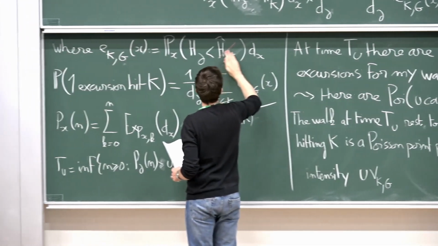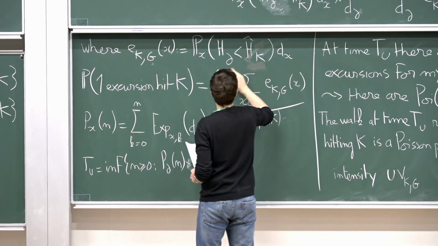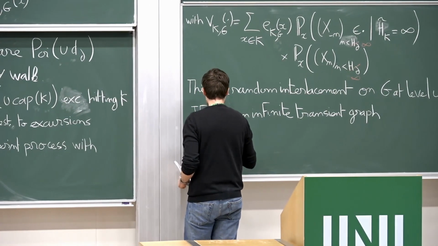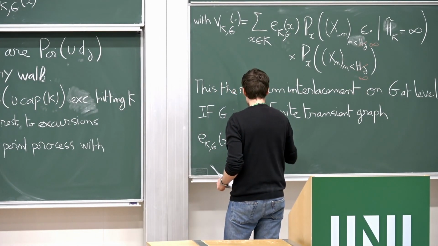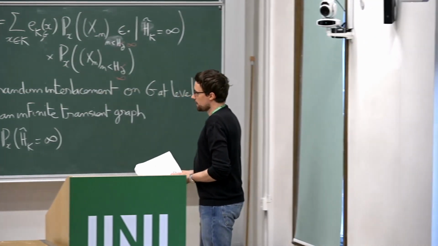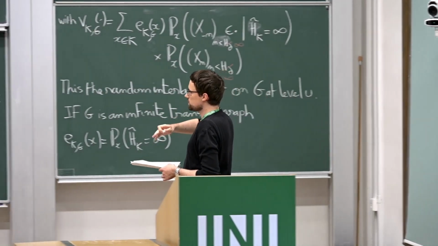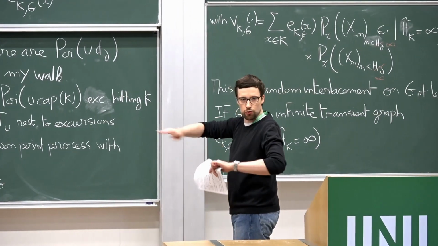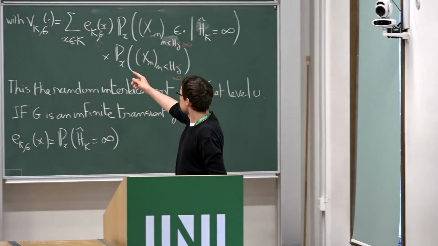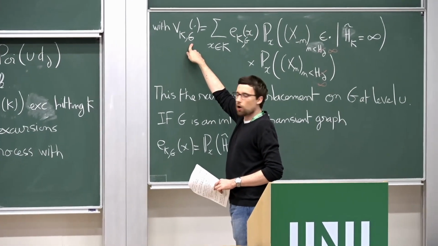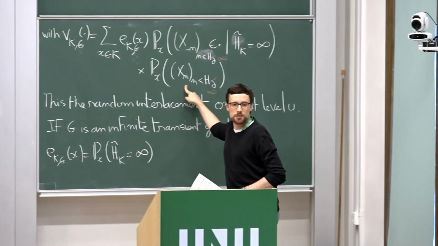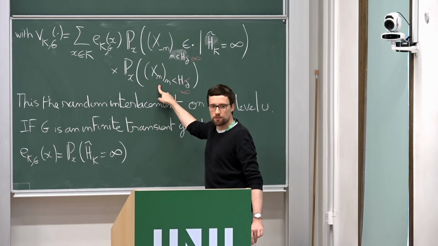So okay, let me maybe write it here. The equilibrium measure will be defined as just the probability that I never come back in k. And if I take a sequence of balls that grow to my infinite graph, then this intensity measure on my finite graph, which is my ball, will converge to my intensity measure on my infinite graph.